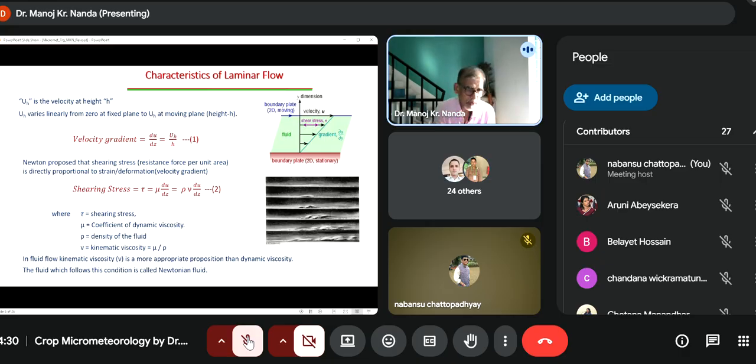So all these terms are usually expressed in terms of density. So this mu is transformed to density times nu. Nu is your kinematic viscosity, so kinematic viscosity is equal to mu by rho. Okay, so this is how the laminar flow behaves.